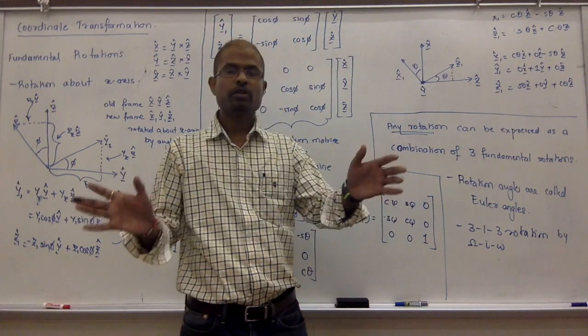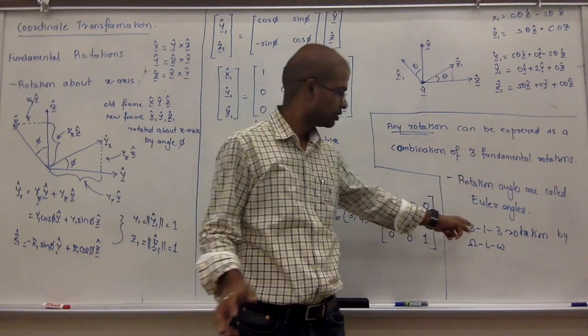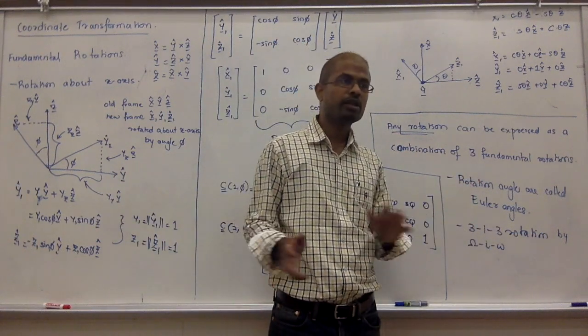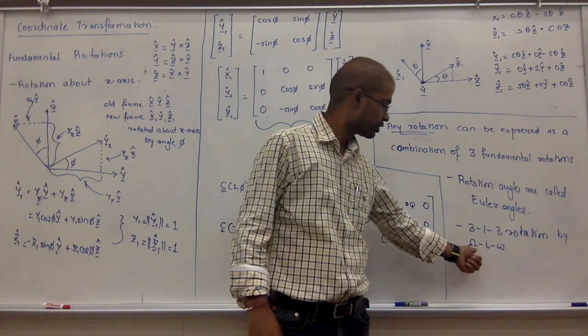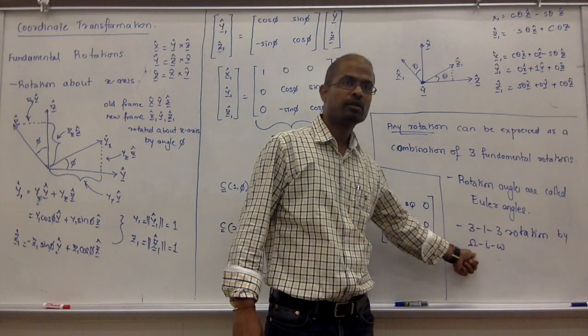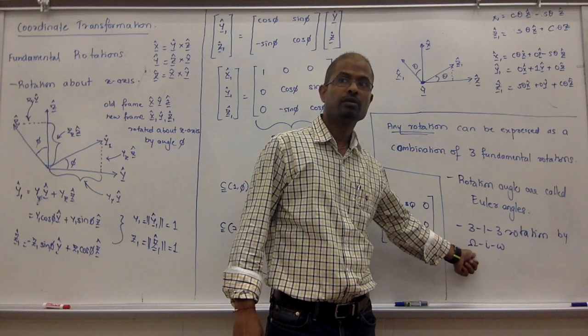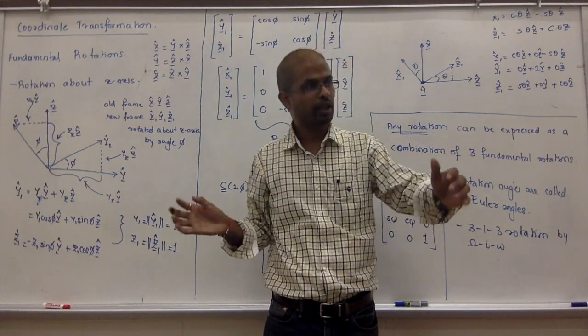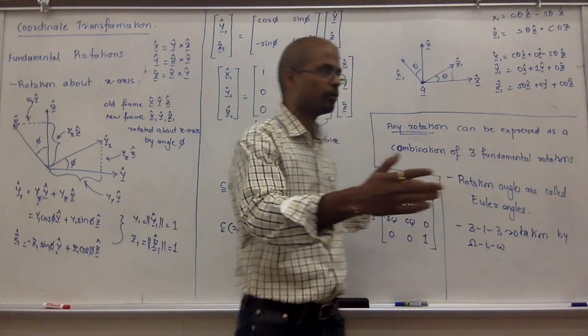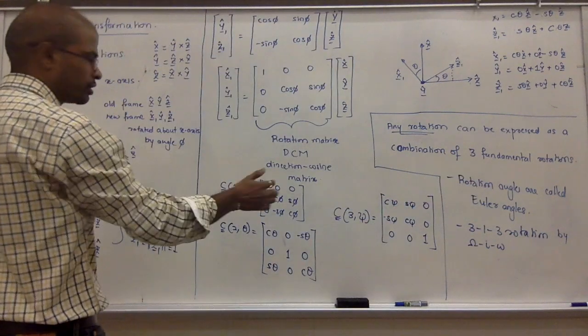So if you align yourself with the XYZ axes or the ECI frame, what is this rotation? A 3 rotation by capital omega. What does that mean? Rotation about the Z axis by the right ascension.